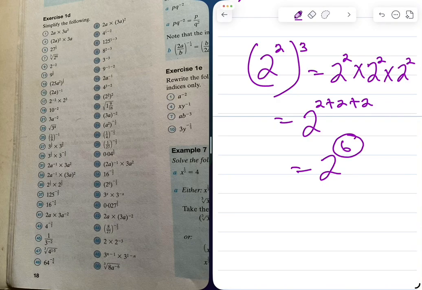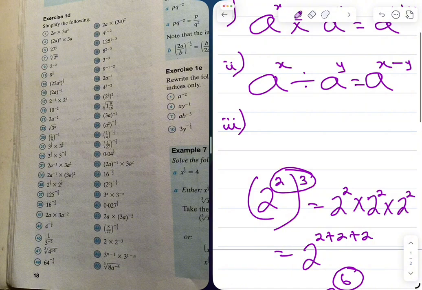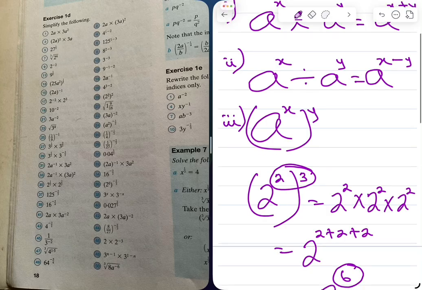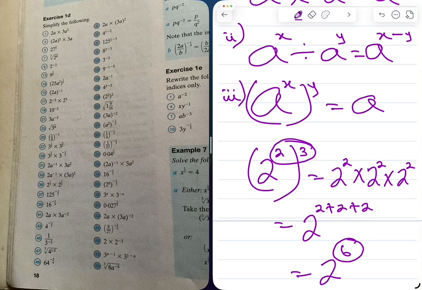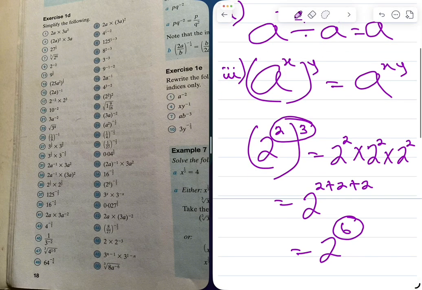So this 6 is the same as 2 times 3. So that means a raised to power x, all raised to power y, is equal to a raised to power x times y, which is xy. Now we go to the next.